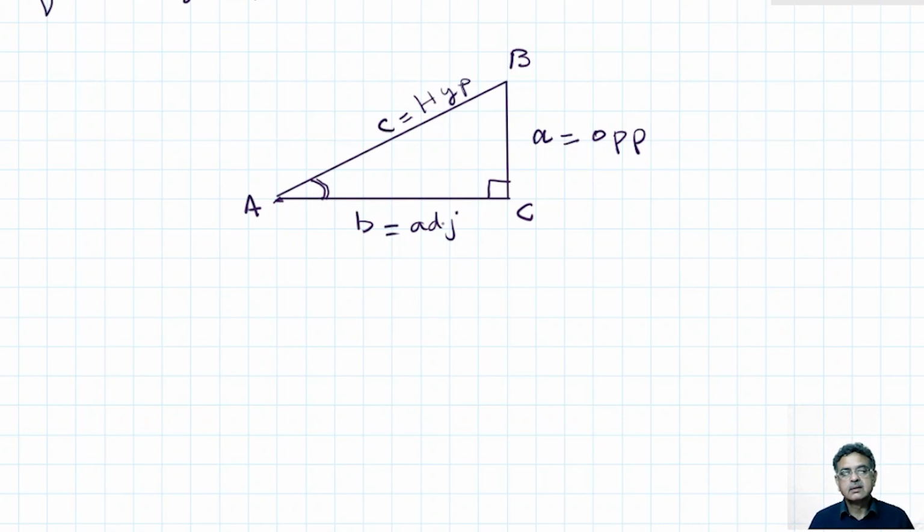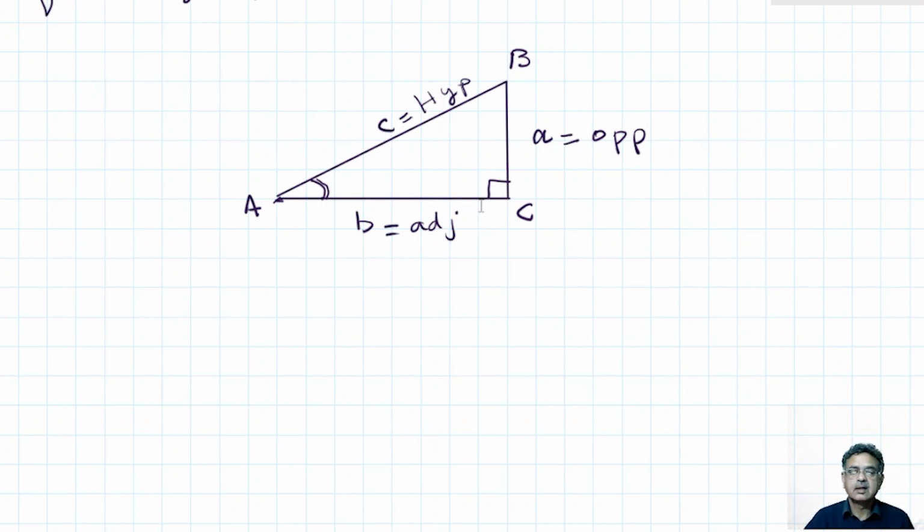Okay. Now, as we have named them hypotenuse, opposite, and adjacent, there are three sides. And if there are three sides, then there are three possible ratios between these sides.